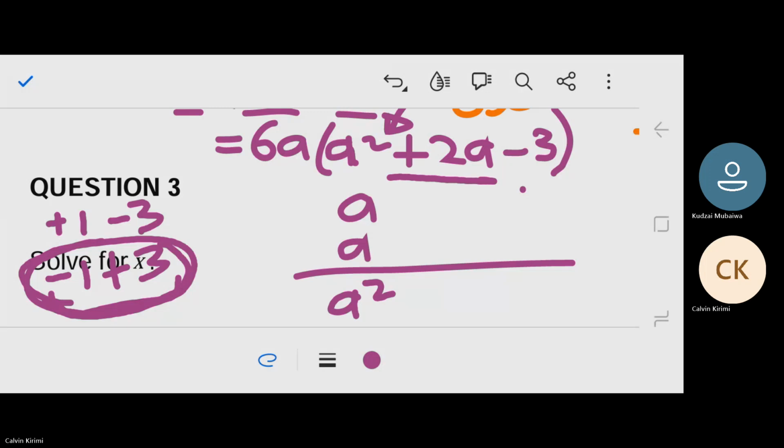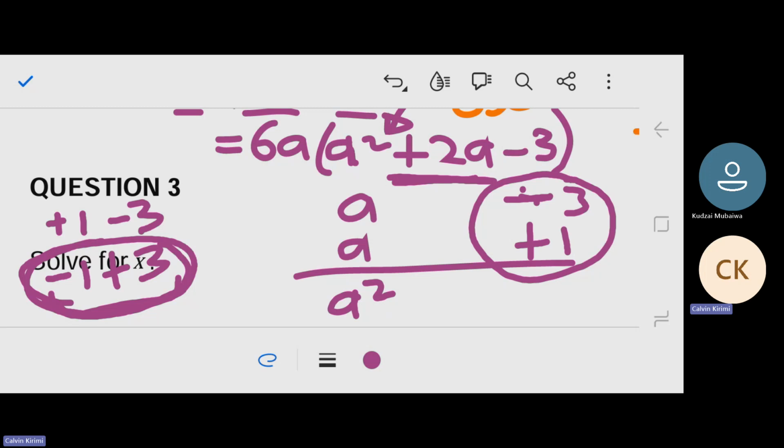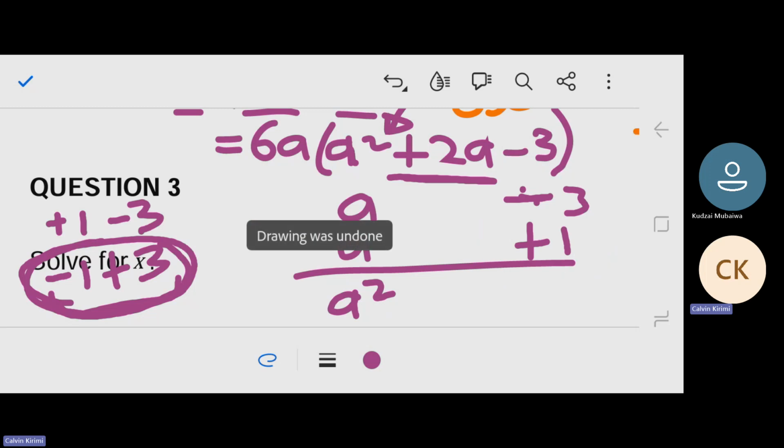So the combination you are going to use is not -3 and +1, because when you add these two numbers, they are not going to give you that middle term, which is positive. You change the signs.